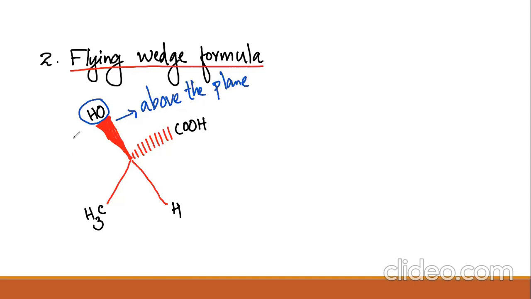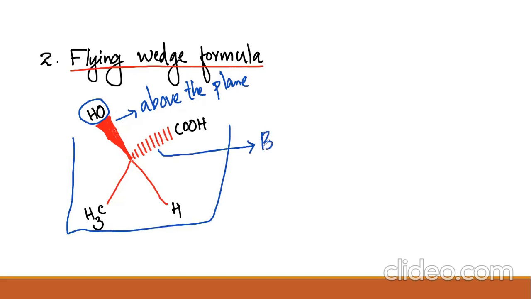If you are considering this as a plane, this bond or this OH group will be above the plane, and this dotted line or slash line indicates that this COOH group will be below the plane, below the plane.